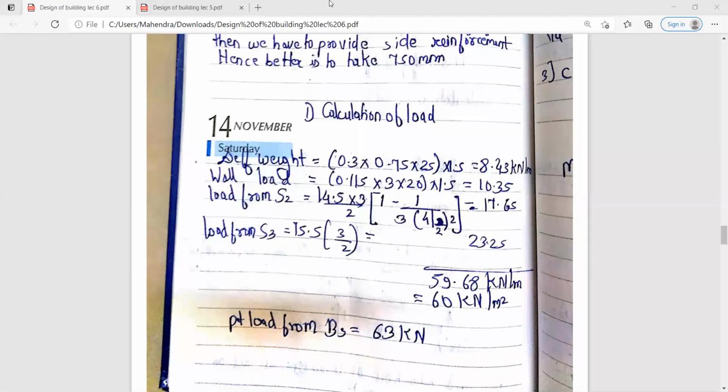And the point load that will be acting from the beam B3 will be 63 kilonewton. Did you understand these loading calculations? Anyone is having any doubt in this particular loading calculations for this beam? For this beam B7, did everyone understand these loading calculations? Yes, any doubts?